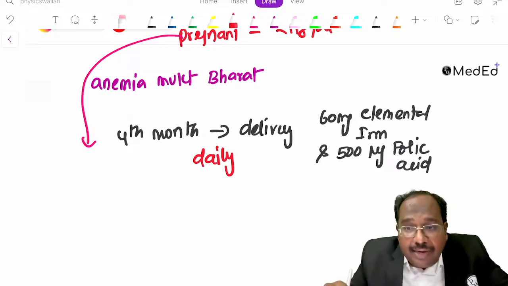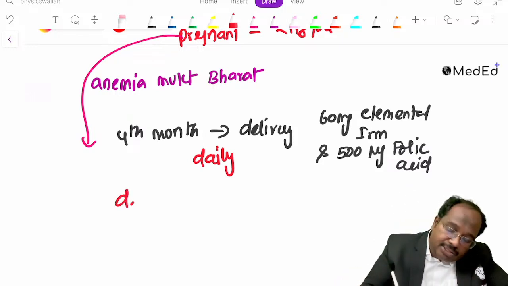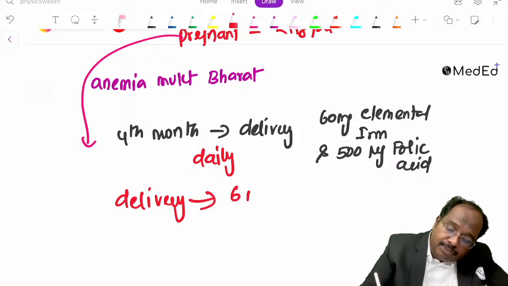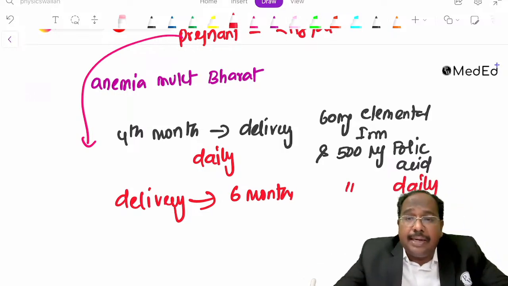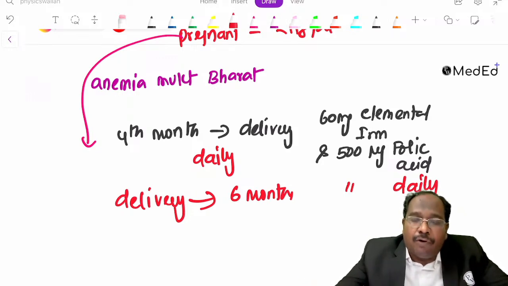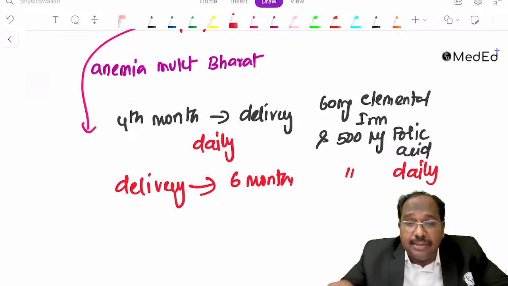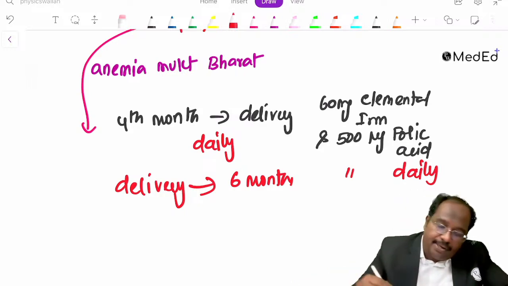Following delivery, she has to again take the same tablet daily during the lactational period, from delivery to 6 months. So this is Anemia Mukt Bharat, guys. For children also we are providing, 6 months to 5 years, 5 to 9 years, and 10 to 19 years, in schools and all.